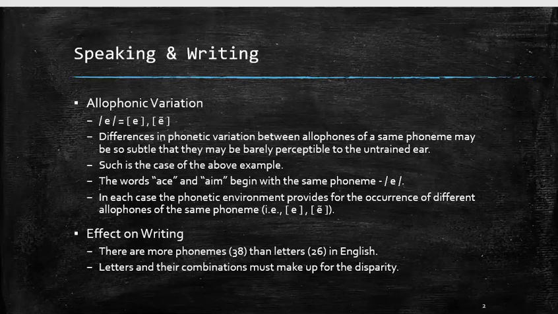So the grapheme-phoneme correspondence is not equal, meaning the visual representations of sounds that we have are scarce. Therefore, we have to make do with what we have, and in some instances we will have to use combinations of graphemes to represent different sounds, or one same grapheme will correspond to a variety of phonemes. This is very different from Spanish, where we tend to have a one-to-one grapheme to phoneme correspondence.